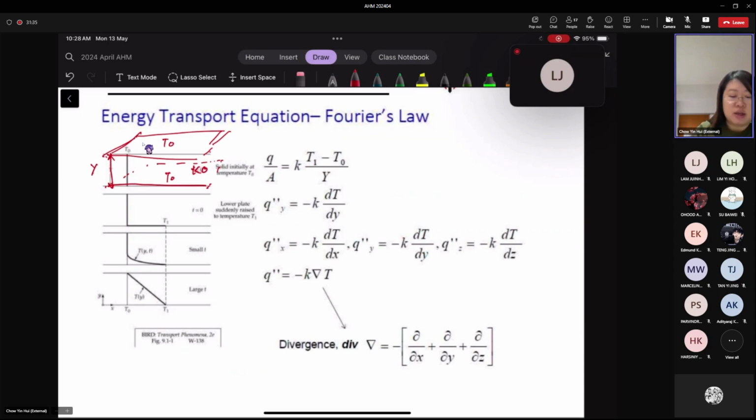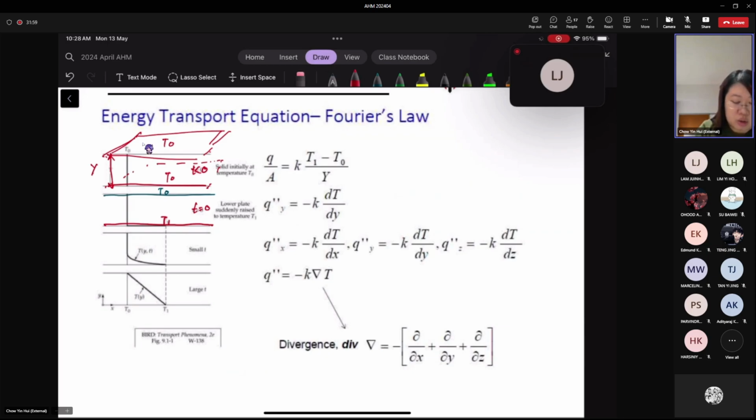Then at time equals 0, the bottom plate is suddenly heated, suddenly brought to a temperature of T1, while this upper surface still remains at temperature T0. So the lower plate is suddenly raised to a temperature of T1.